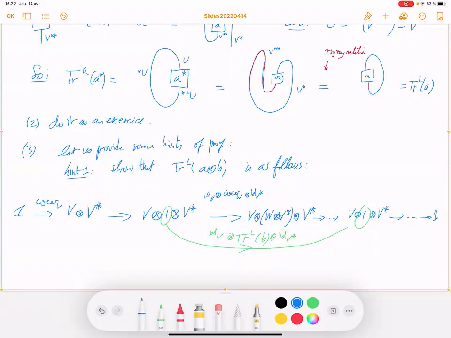So what you get, and here, from here to here, so let me write like that. Here to here, you should show that it is a co-evaluation map of the tensor W. So I rewrite it here.